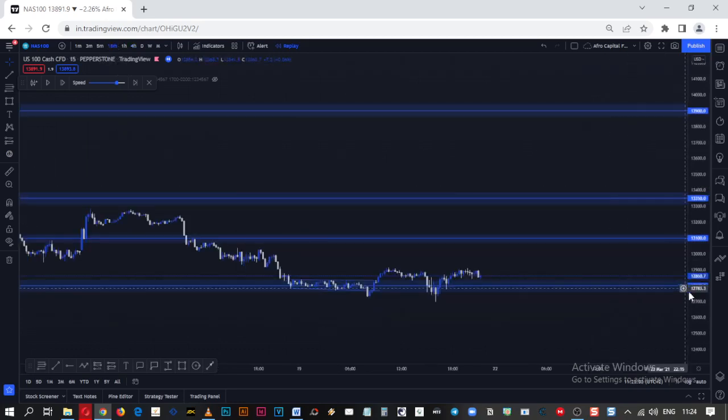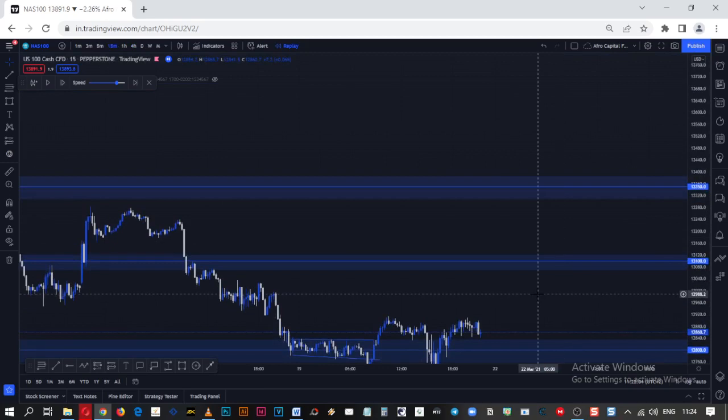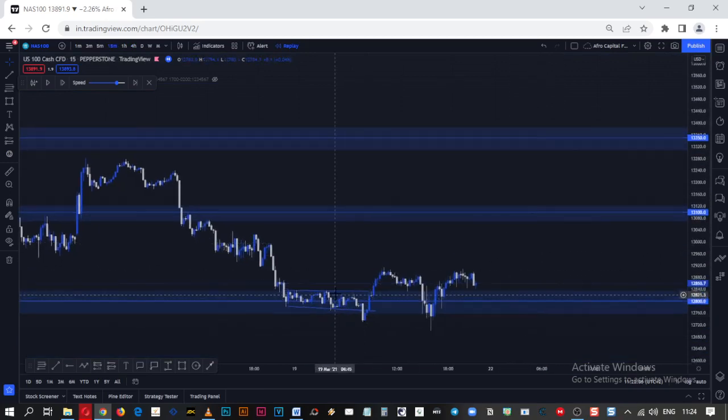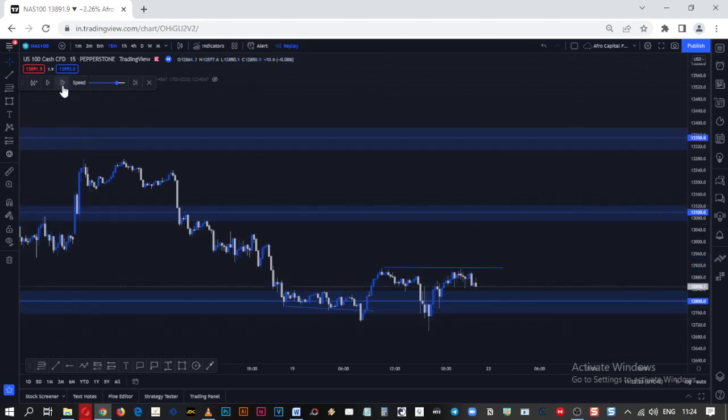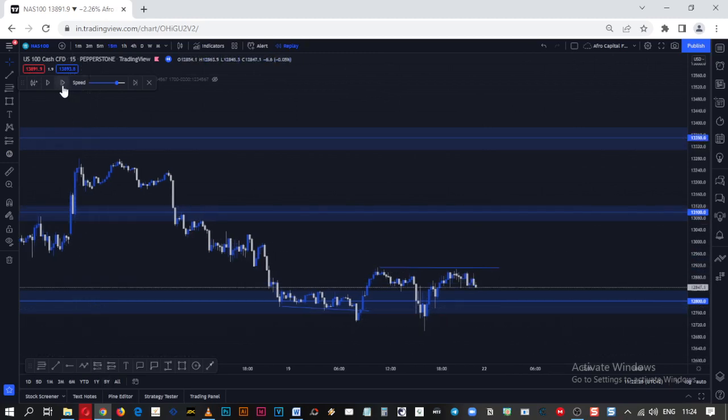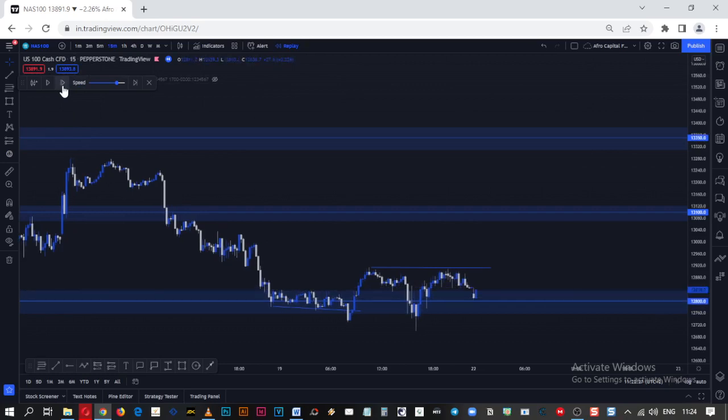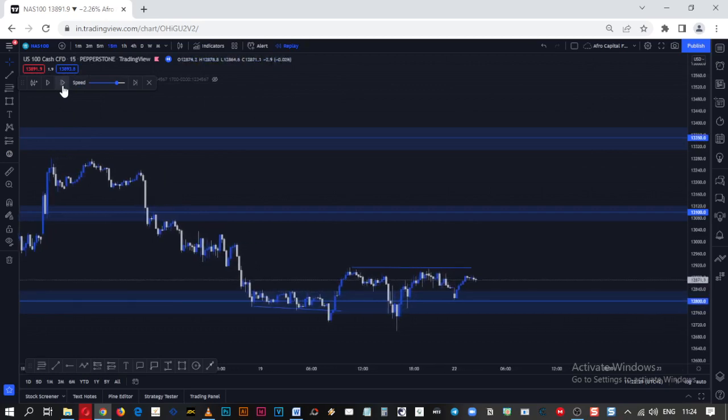So with this type of market, I'm specifically looking for buys only. Only for buys, nothing else. But I'll take sales if they present themselves in a proper manner.